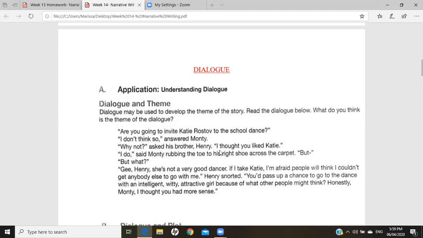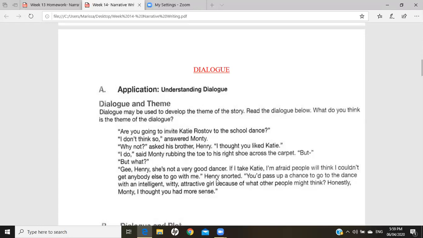Well, they said, why not, asked his brother Henry? So they're siblings, and we get an idea about friendship, but it's more like a sort of teenage crush going on here, because we get the idea that Monty likes Katie. By Henry asking the questions, we get Monty to open up about how he feels about Katie.